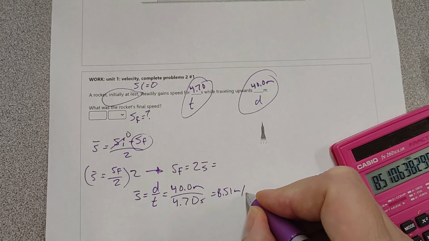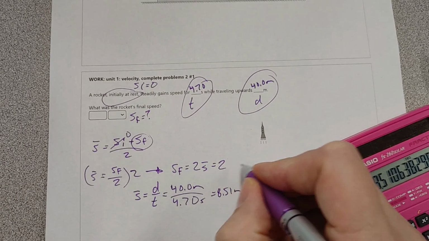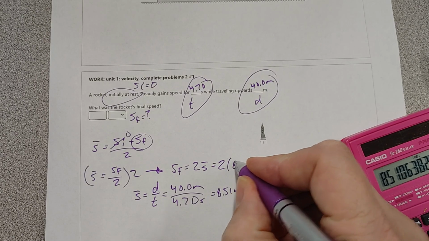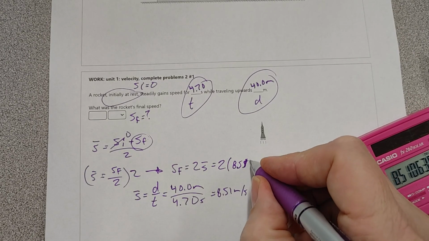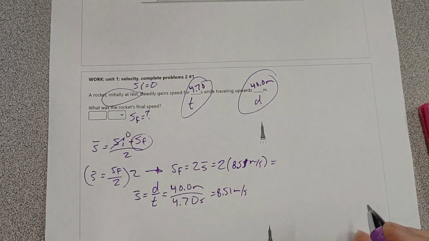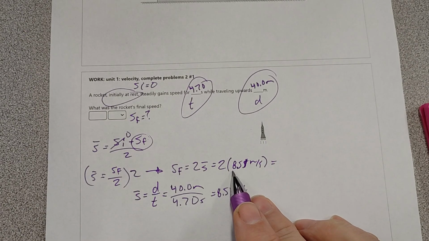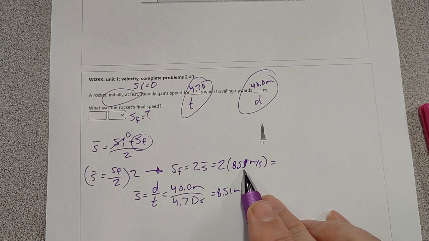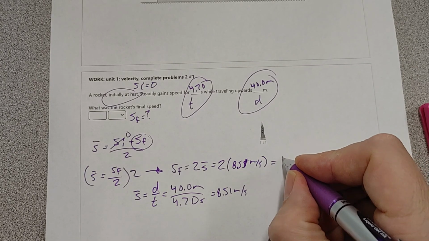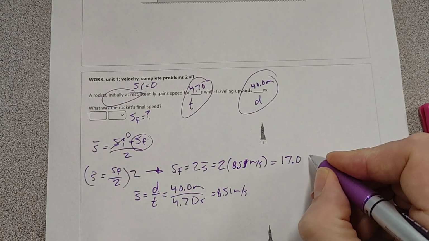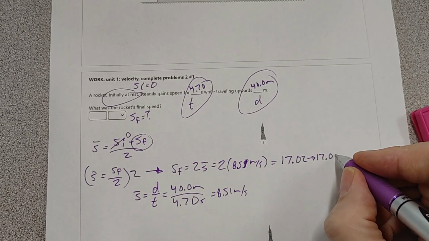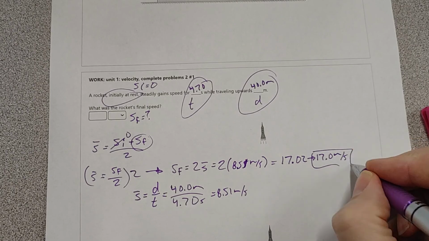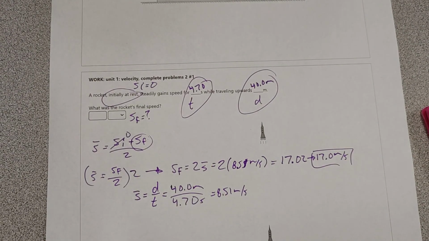And that's going to be meters per second. So my final speed is 2 times 8.51 meters per second, which that one I can do in my head. That's going to be 16 plus another 1.2, so that's 17.02, which I really should just write as 17.0, and that's going to be meters per second for our final speed of our rocket.